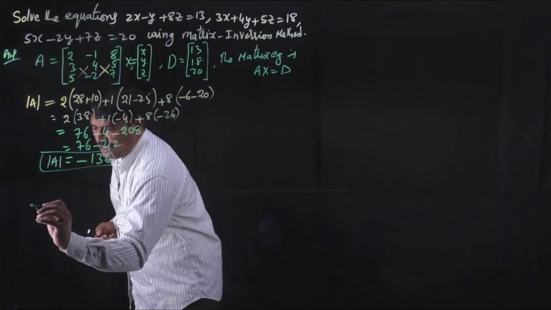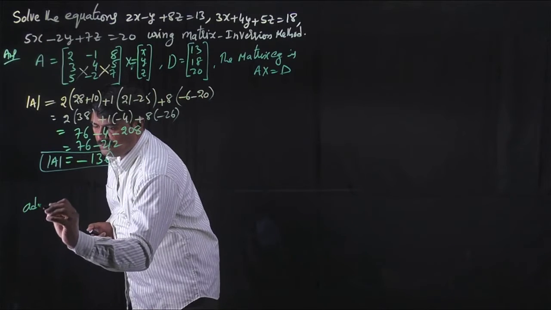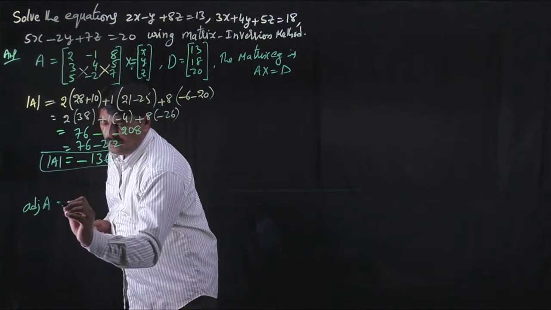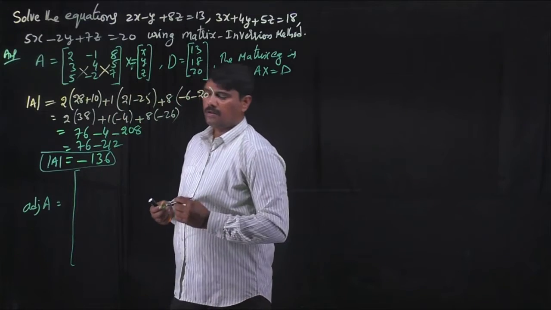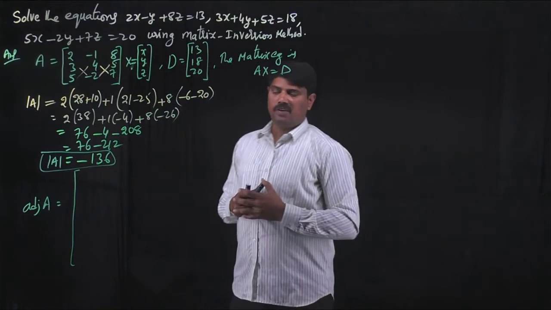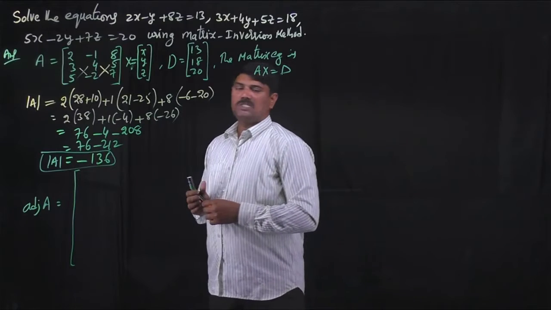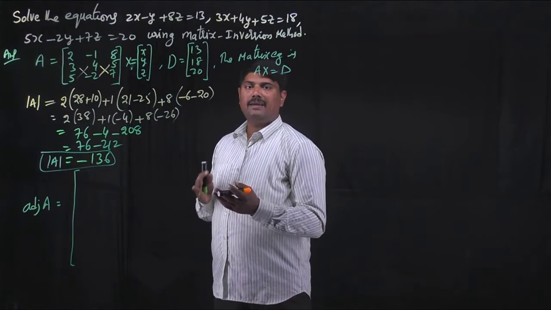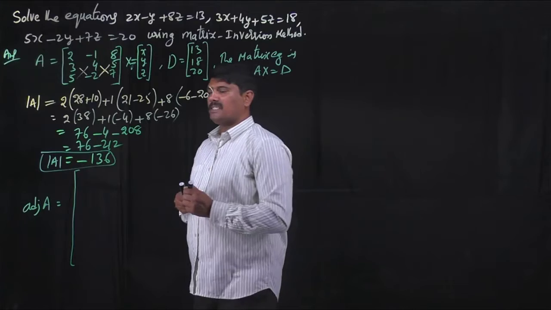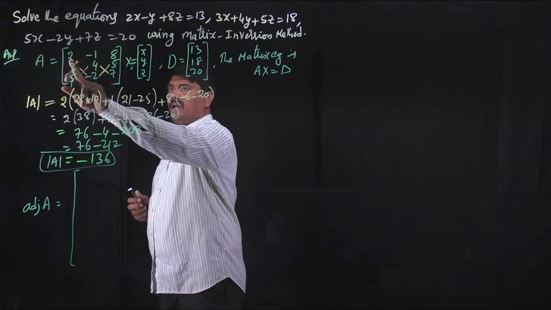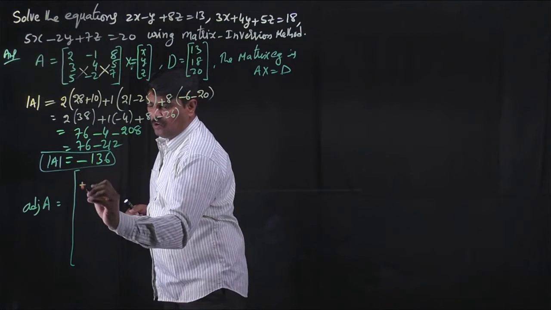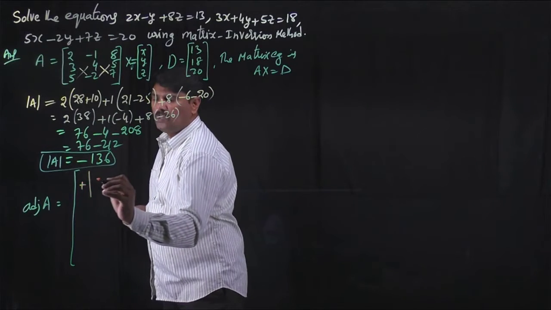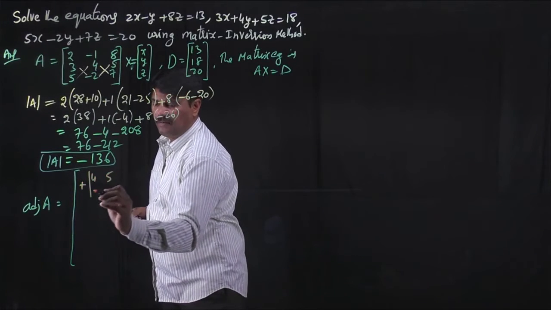Adjoint A is equal to the adjoint matrix. What is the adjoint of the matrix? It is the transpose of the matrix obtained by replacing every element with its cofactor. So we start finding the cofactor of each element. 2 has the positive cofactor sign, so its minor is 4, 5, minus 2, 7.